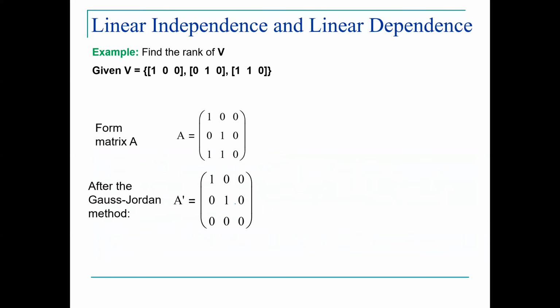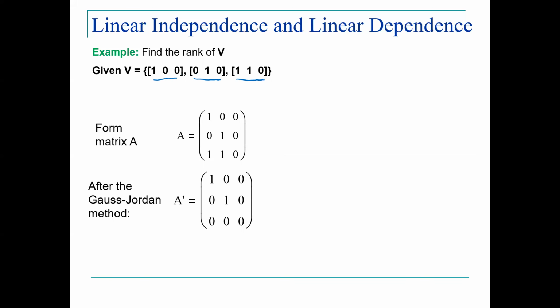So let's look at this example. We want to find the rank of V. V is a set of vectors, row vectors. So V has 3 row vectors here.